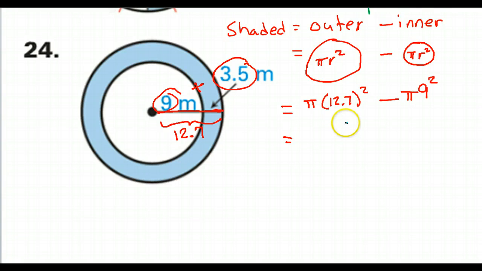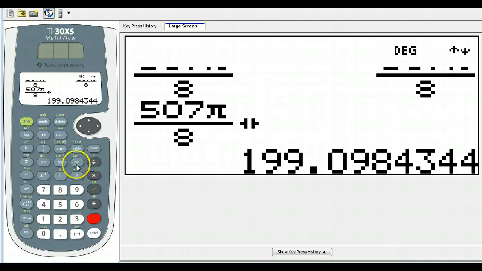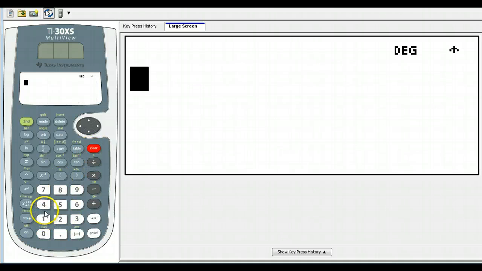So I think we'll just go straight to the decimal. For this one, it's not really going to be possible to get any sort of clean exact answer. So we could just put the whole thing in the calculator. Let's just do this because I don't want any rounding until the end.